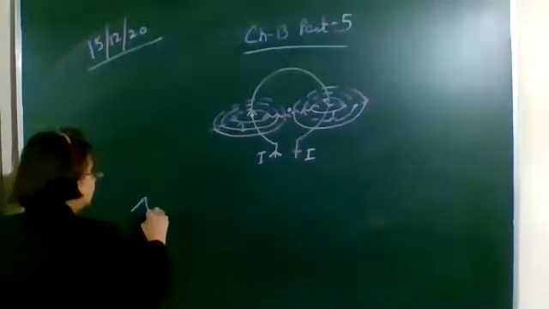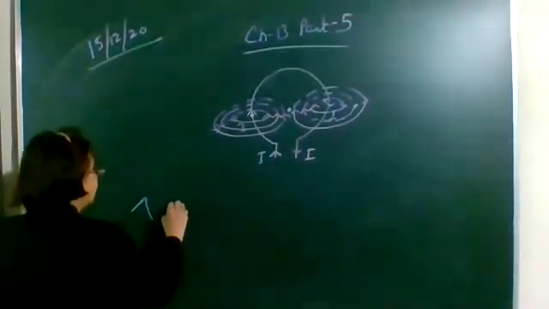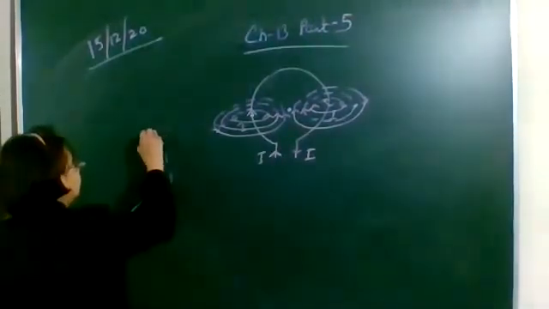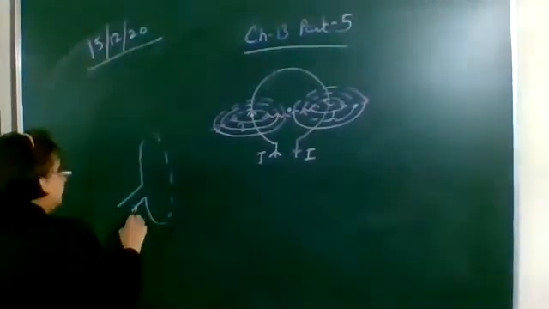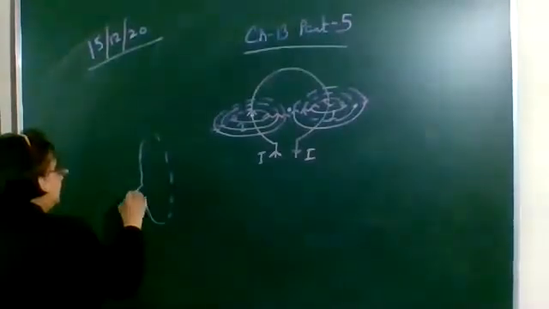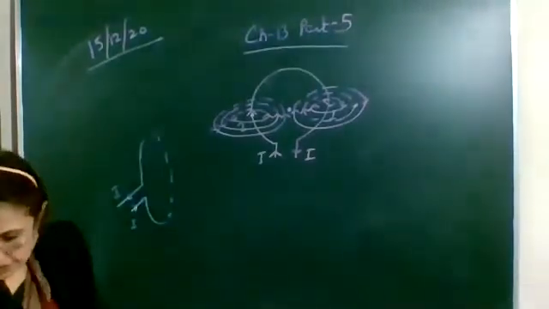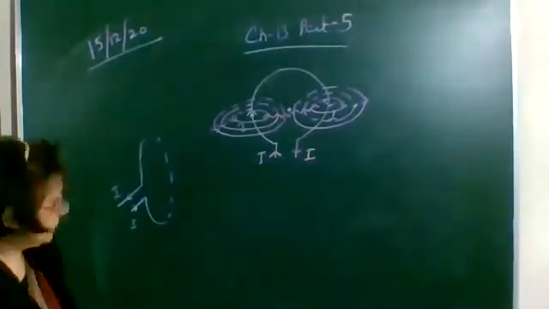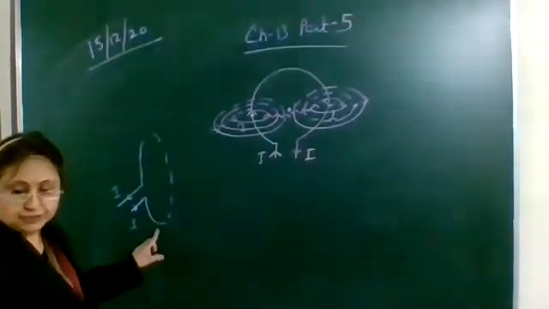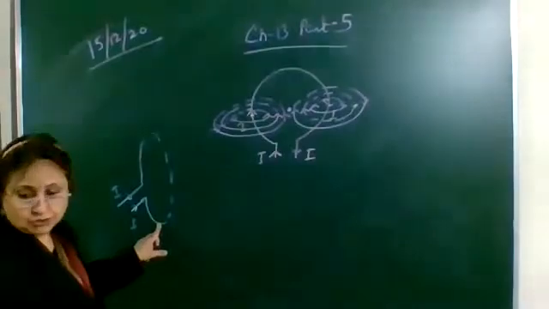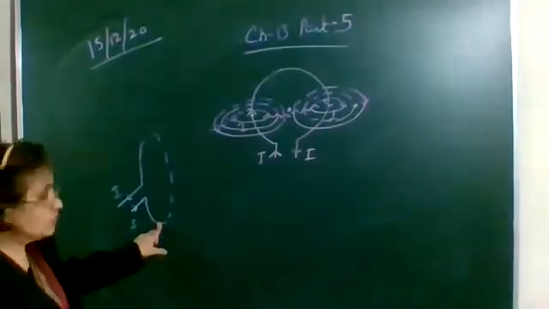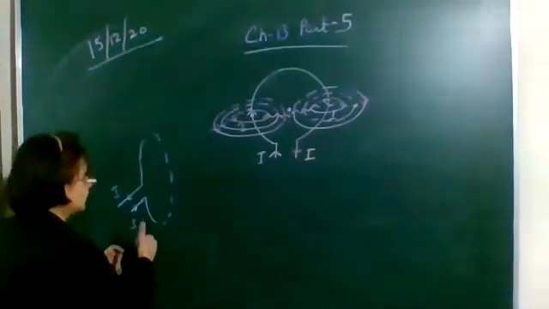So this is the current carrying loop in which current I is flowing. The current is flowing over here. At this point, you can see that the current is going in the downward direction.